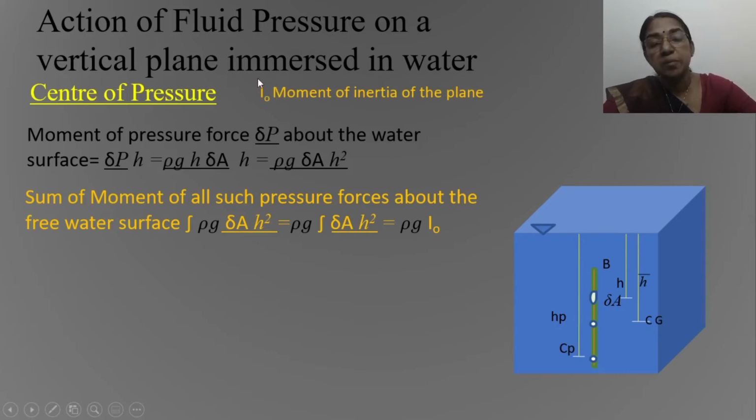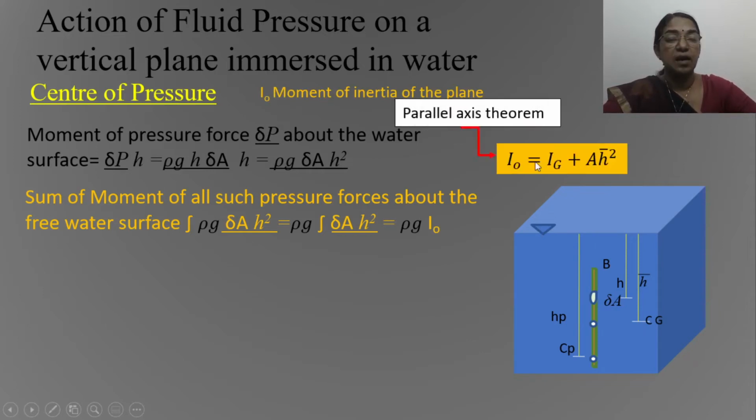Now, based on the parallel axis theorem, I naught can be written as Ig plus A into h bar squared, where Ig is the moment of inertia of this plane about an axis passing through the center of gravity, A is the area of the plane, and h bar is the distance of the center of gravity with respect to the free surface.